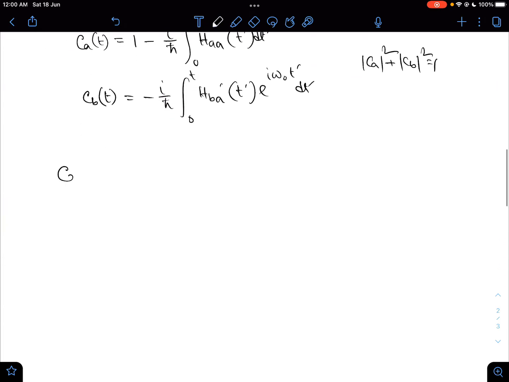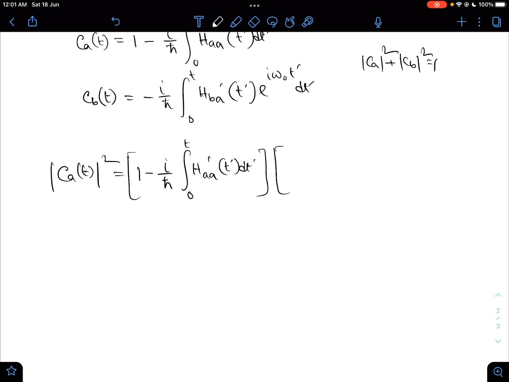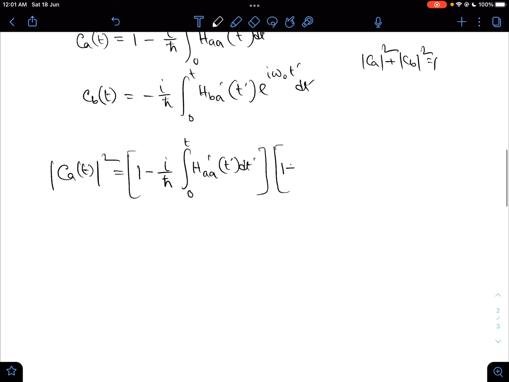So what will be |C_A(t)|²? It will be 1 minus i/ħ ∫ from 0 to t of H_AA'(t') dt', and another term we will have is the complex conjugate. So it will be 1 plus i/ħ ∫ from 0 to t of H. Since this H is Hermitian, we will have the same term here, dt'.